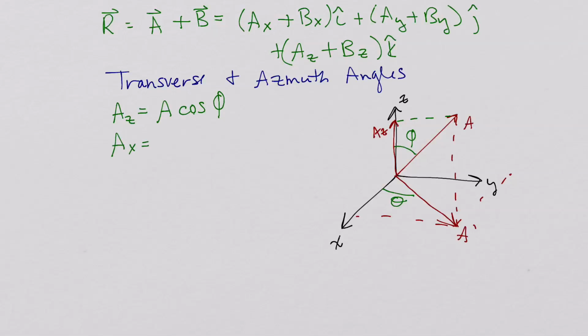AX is going to equal A times the sine of that phi, so that's going to give us this right here, which is translated down, and then times the cosine of theta to get us over to that A sub x. So make sure that makes sense to you. I don't know that I explained it that well. A times sine of phi gets us down to this A prime, and then times cosine of theta. The book explains it a little different. You may want to look at that.